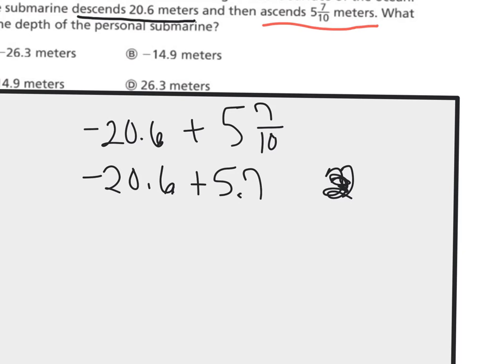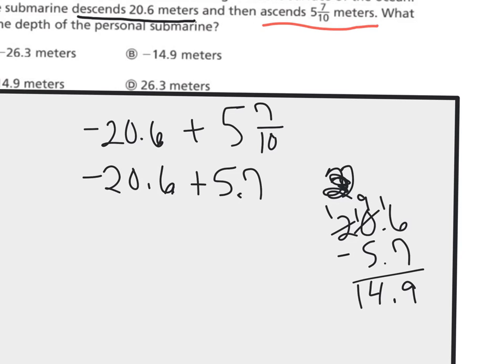So 20.6 minus 5.7. We'd have to do some borrowing here. That is 14.9, and we had more that were negative, so this would be negative 14.9. And fortunately that matches up with one of their answers, so that's a good sign that we probably, well, not necessarily, but at least there's a chance that we got that right, and we did. Confidence, we know what we're doing here. So this gives you an idea about adding and subtracting rational numbers.